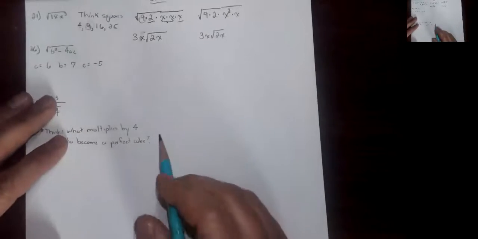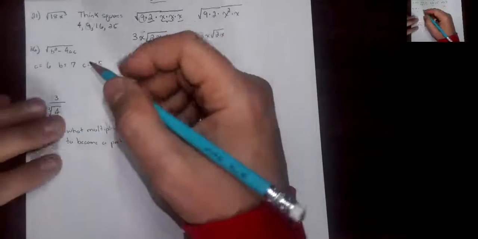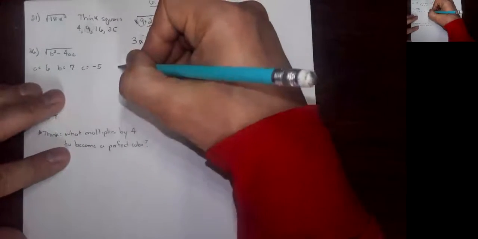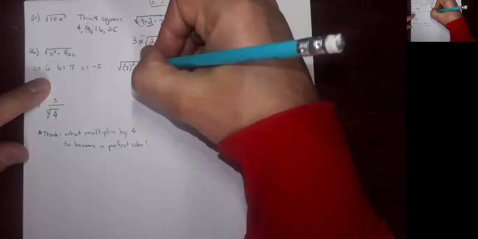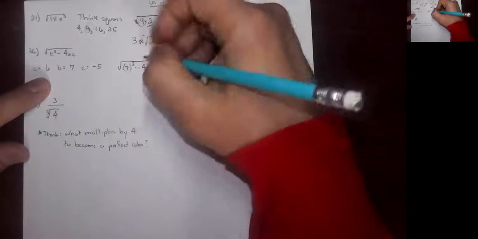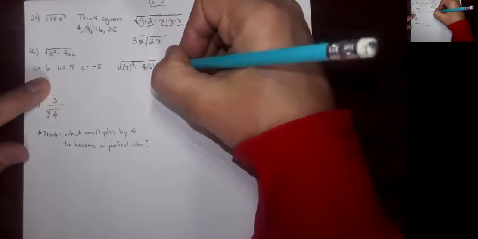Now, this section with number 36, you're literally just plugging in. Don't let that get overcomplicated. b squared, they're saying b is 7, minus 4 times a c. Well, a is 6, c is -5.